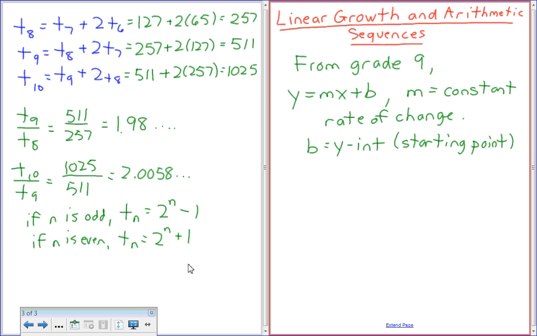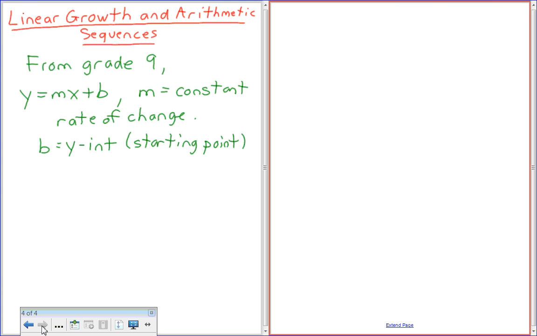If I have an equation, so we're going to change. Let me just write down the equation.